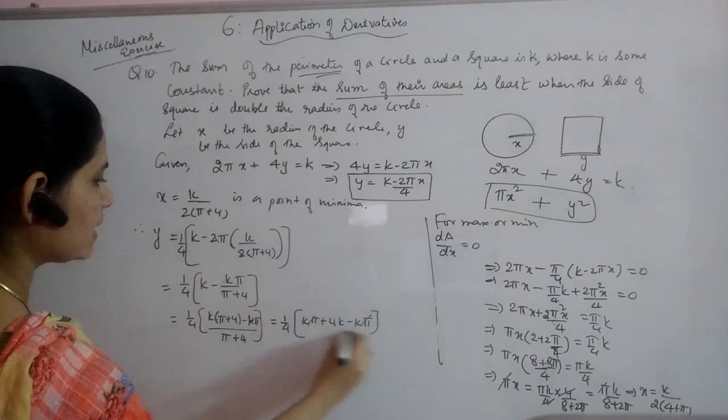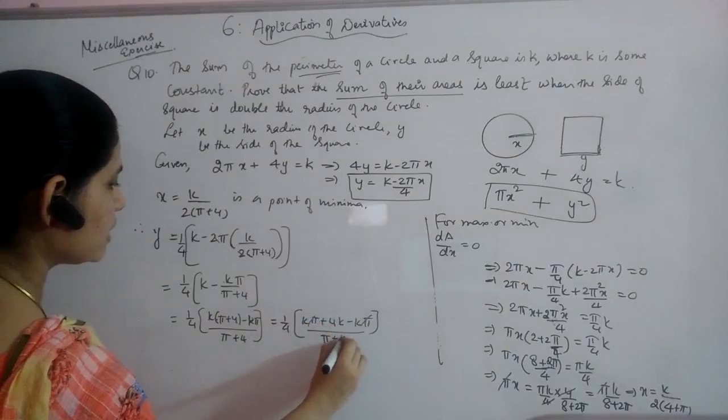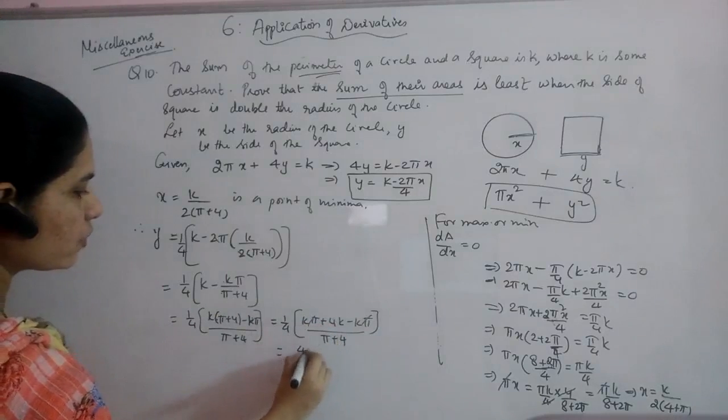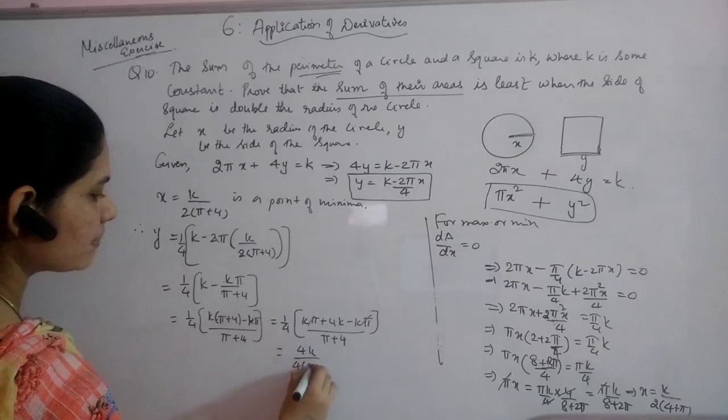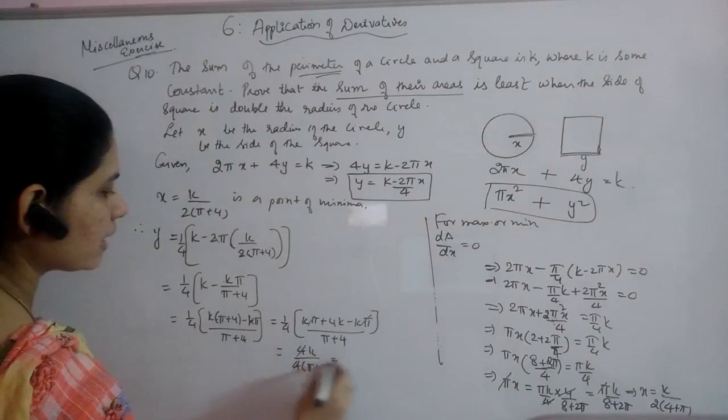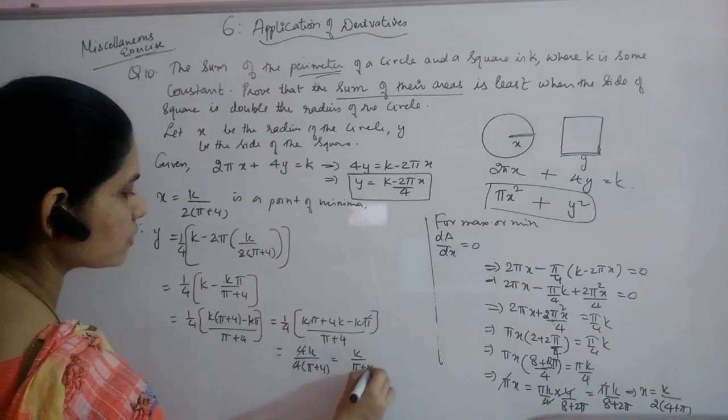So these two will get cancelled and here you are getting 4k by 4 into pi plus 4, or 4 again get cancelled, k by pi plus 4.